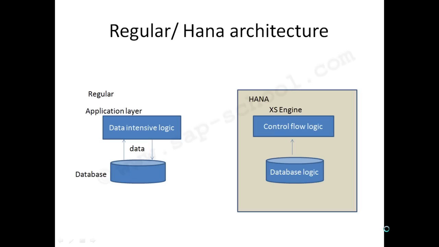As I've mentioned before, in a regular database you need to get data from the database into the application layer, perform all the data-intensive logic there, and bring it back to the database.